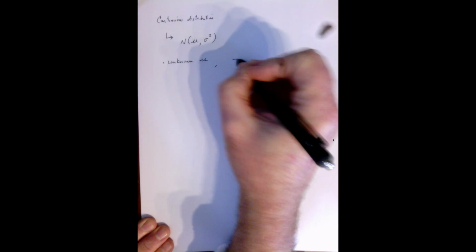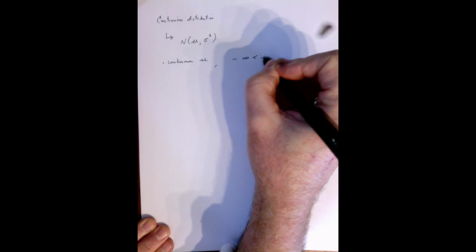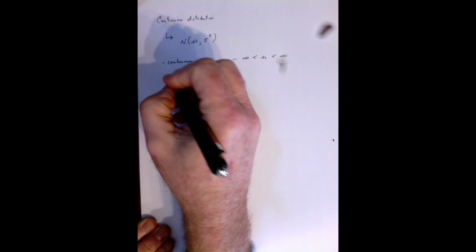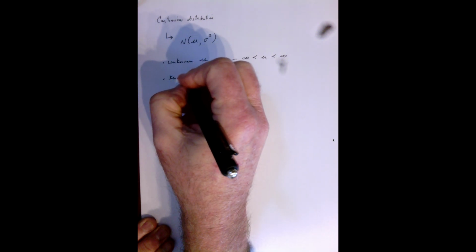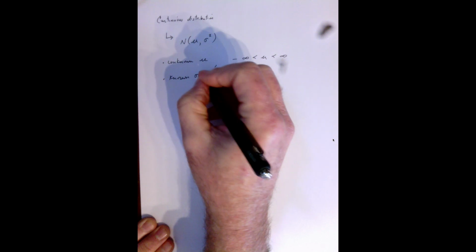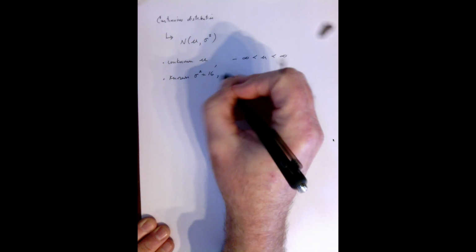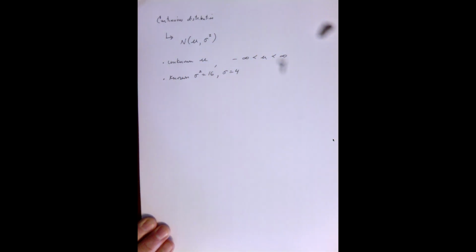In other words, we're saying that mu can be any value from negative infinity to positive infinity. But we're going to have a known value of sigma squared. Let's keep it simple here and make it 16. So our population standard deviation is equal to 4.